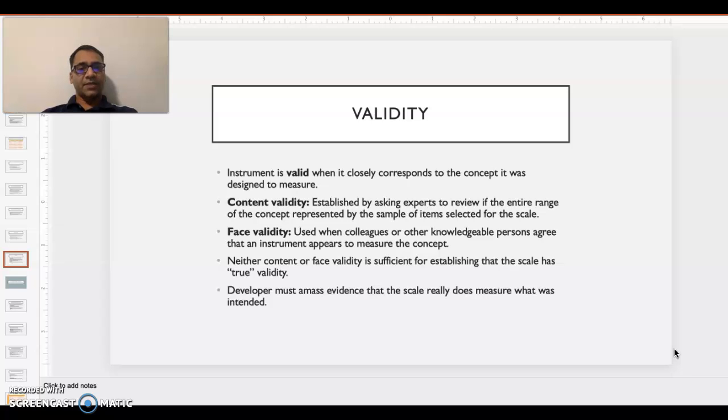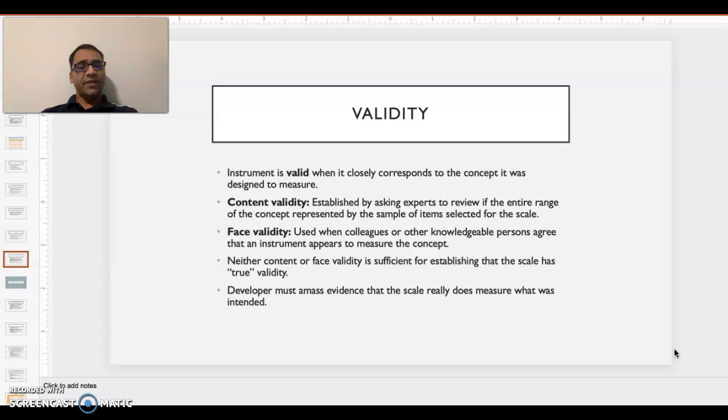So there are two aspects, one is content validity and another is face validity. Content validity is established by asking experts to review if the entire range of concepts is represented by the sample of items selected for the scale. So the questions listed in the scale are asking the right questions related to the larger question about the behavior or the knowledge of the respondents.